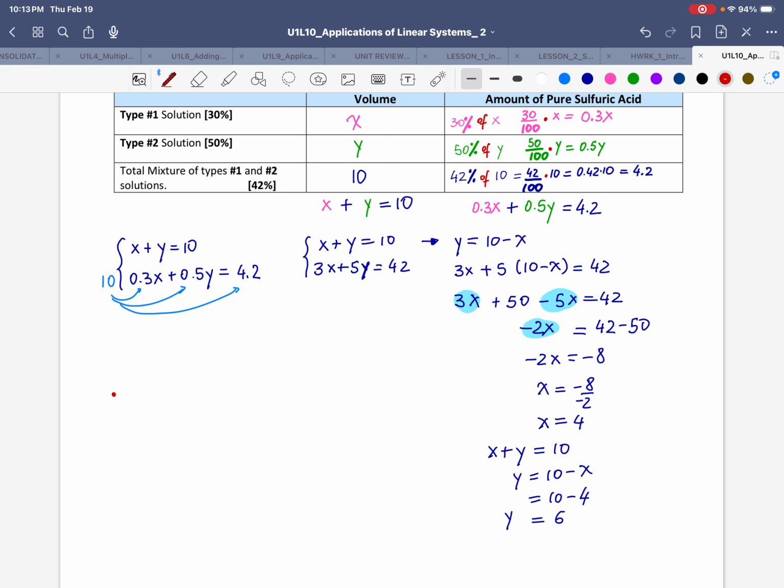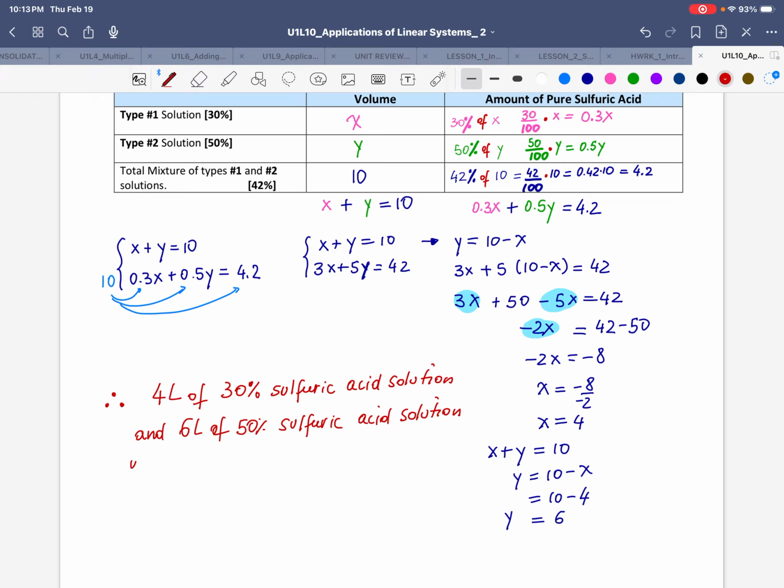So therefore, we're going to say that 4 liters of 30% sulfuric acid solution and 6 liters of 50% sulfuric acid solution were used to make 10 liters of 42% sulfuric acid solution. Let's write it one more time.